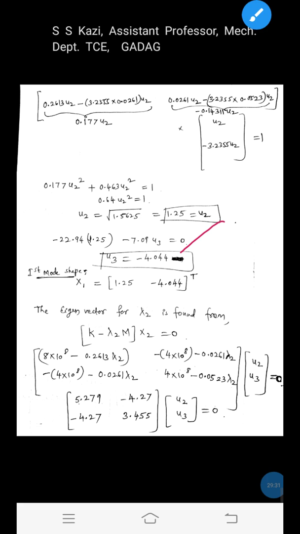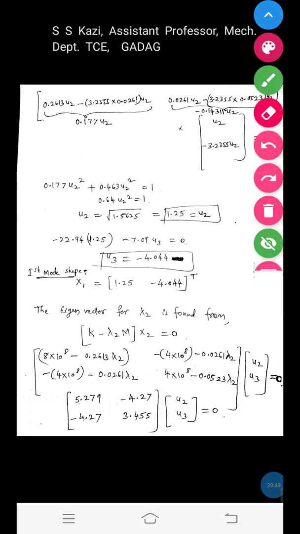So the first mode shape of vibration is x1 equal to u1 is 0, u2 is 1.25, u3 is minus 4.044. These are the values of the first mode of vibration.